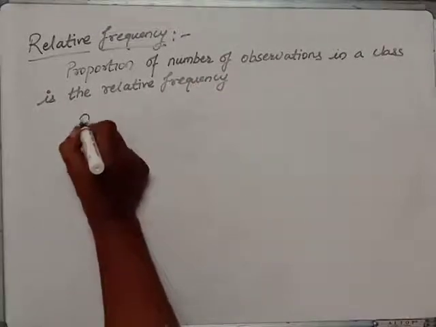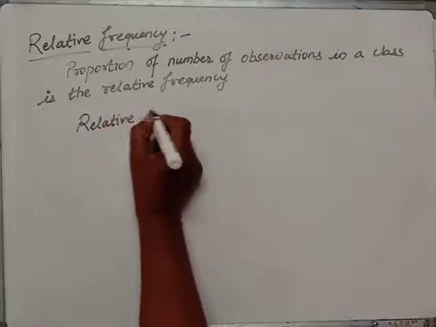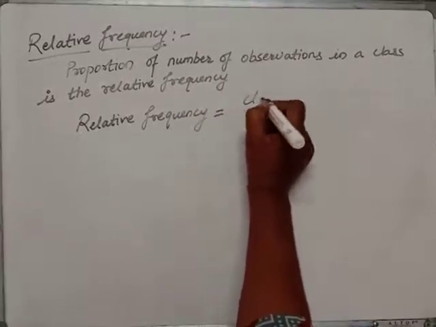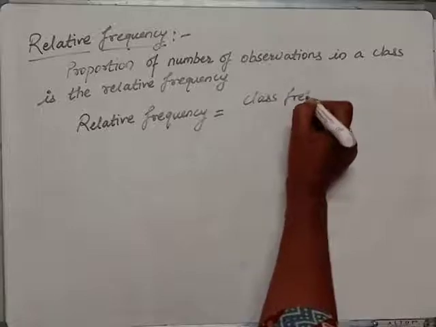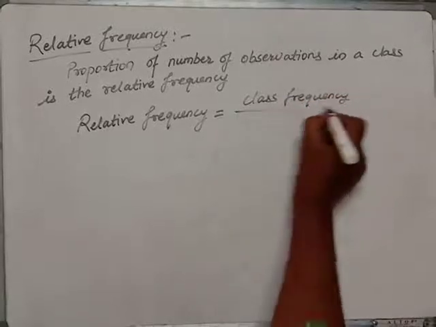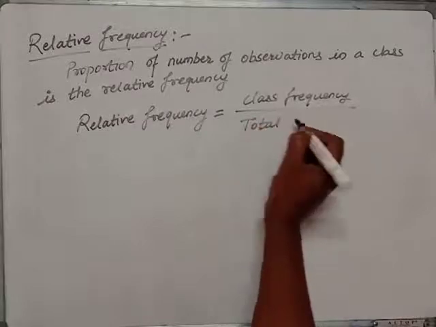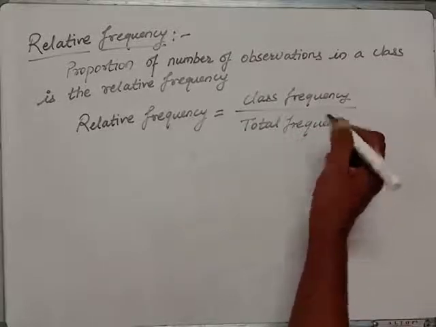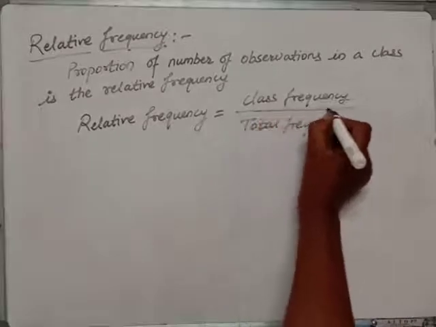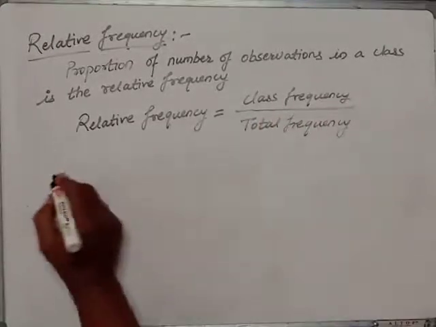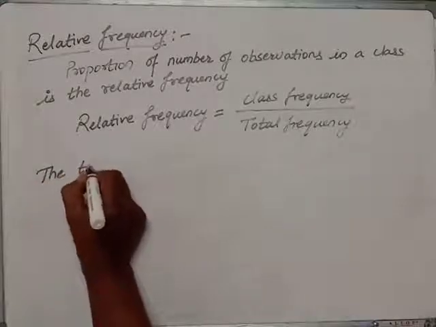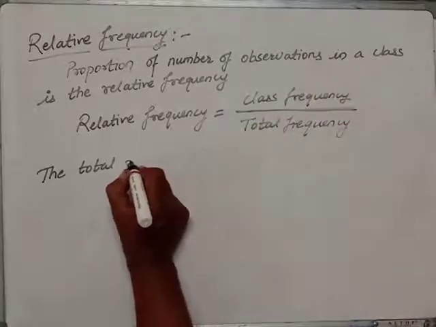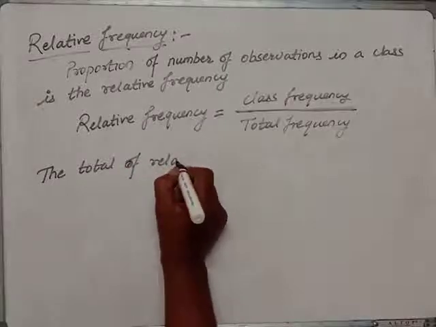Okay. So the formula for relative frequency is: relative frequency equals class frequency upon total frequency.